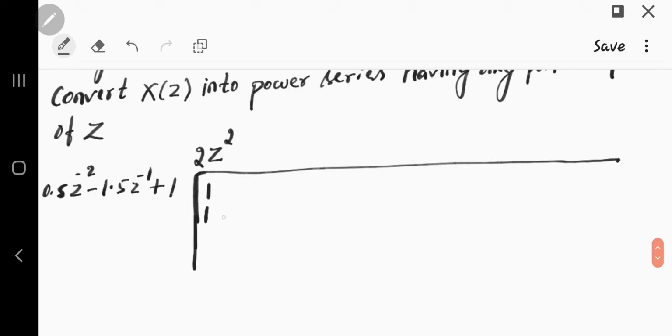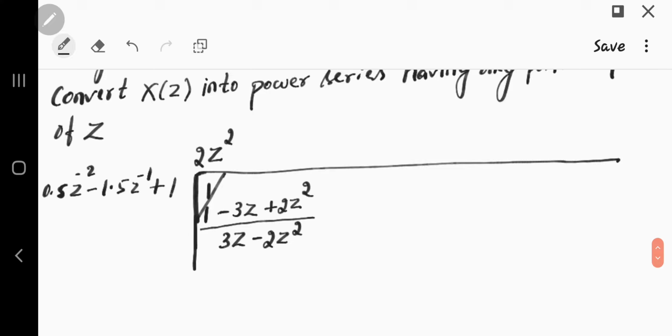So 1 minus 1.5 into 2 is 3, z power minus 1 and z square gives z, plus 2z square. These two get cancelled. The sign changes, and that becomes 3z minus 2z square.